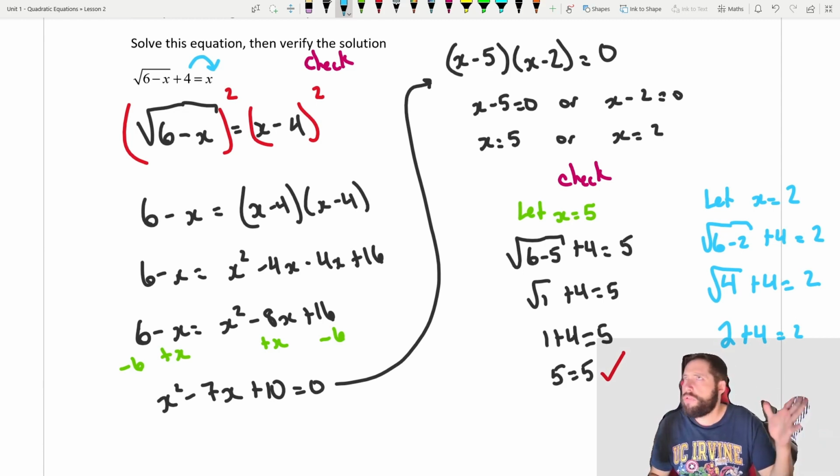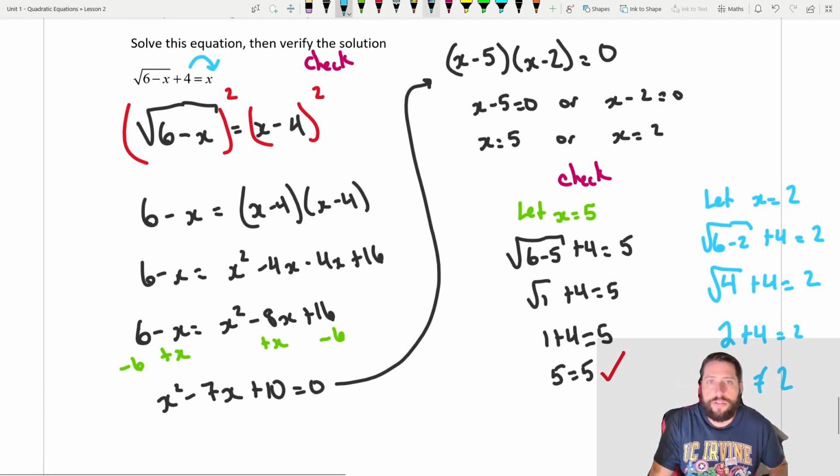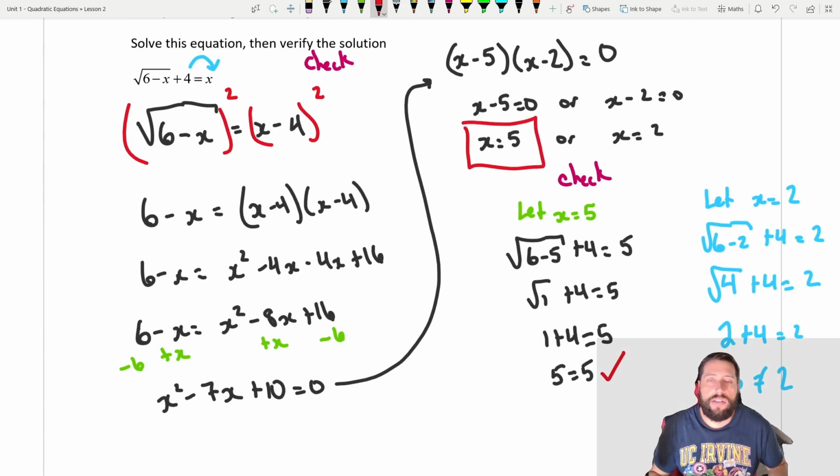Well, wait a minute. 2 plus 4 actually does not equal 2, which means that this one doesn't work. So only x equals 5 works. There is only one possible solution in this case, and it's that x is equal to 5.